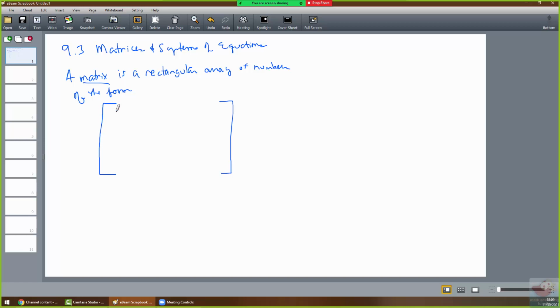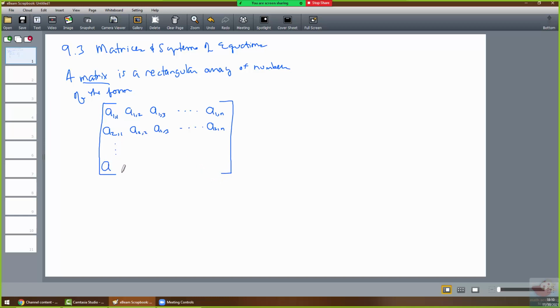Giant brackets, in the top left corner, A subscripted 1,1. To the right of it, A with a subscript 1,2. To the right of it, A with a subscript 1,3. And then at the end, 1,n. And then the next row, 2,1, 2,2, 2,3, 2,n.